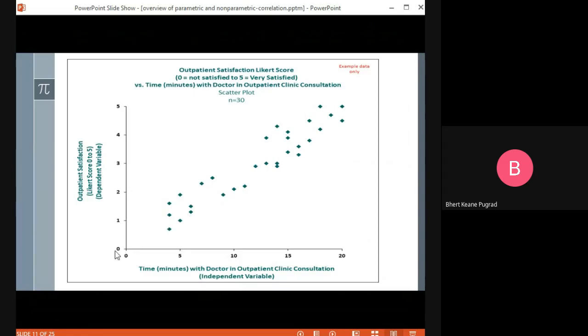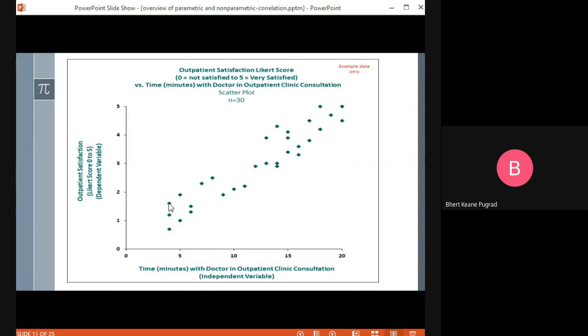So for example, patient 1, ang kanyang time with the physician is around, let's just assume na this is 4 minutes siyang kinausap or nag-consult sa physician, and then their outpatient satisfaction rate is below 1. How about participant number 2, 4, and their outpatient satisfaction rate is around more than 1.